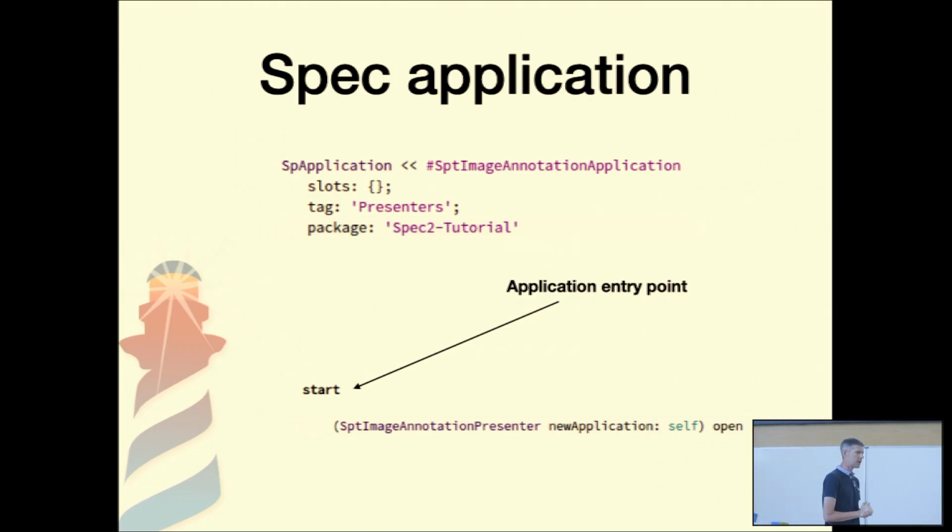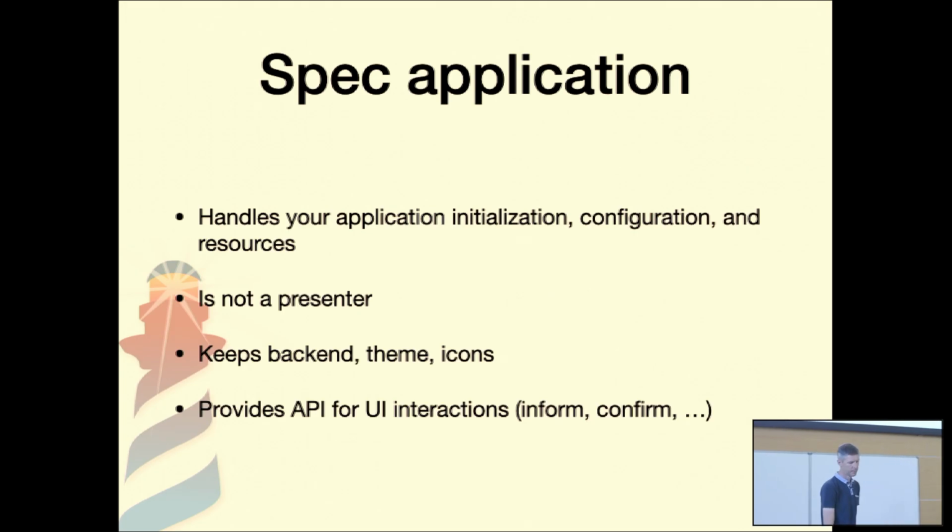It will be the application entry point. You have a start method where you will instantiate your presenter. You just pass yourself, the application, as parameter, and you can open it. So it's the entry point of the application, but not only.